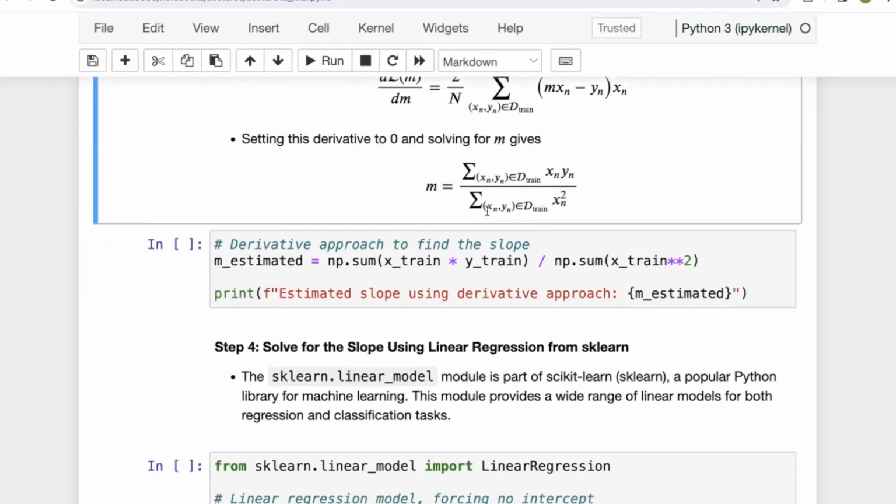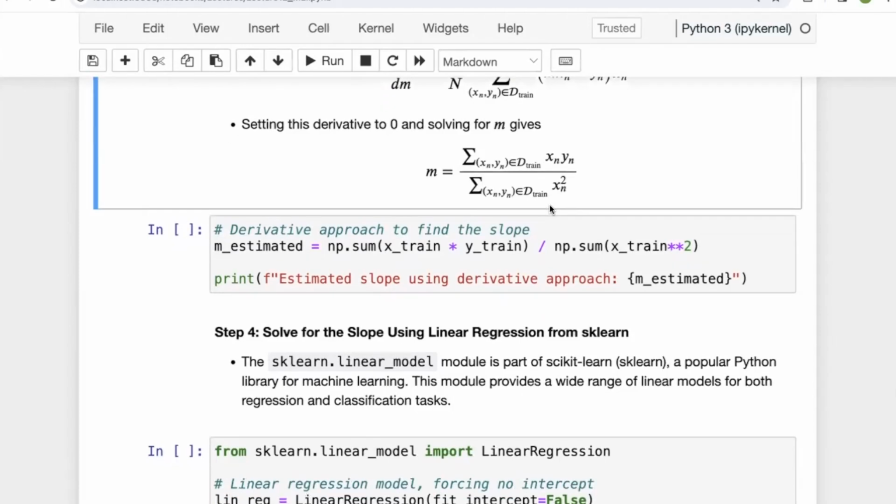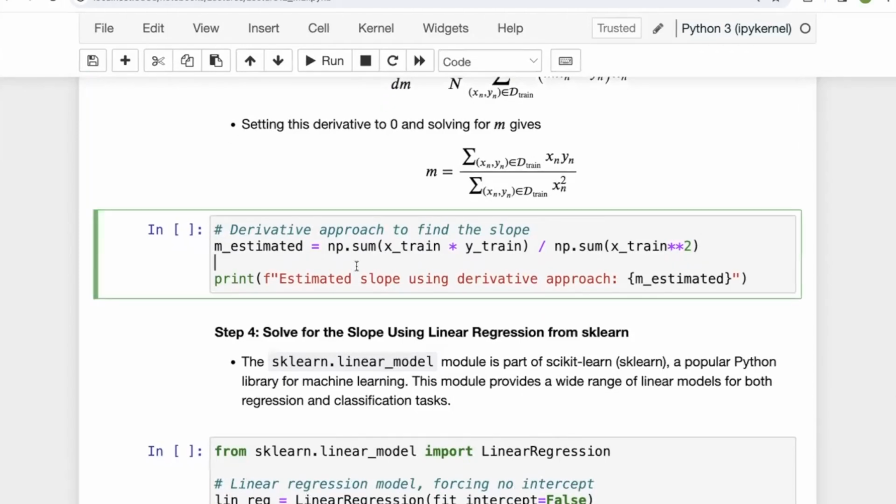And then in the denominator, we have the sum of the squares of inputs. So we can just write exactly what we have here to implement this. We multiply x_train and y_train, use np.sum to sum that, and in the denominator, we have np.sum of x_train raised to the power of 2.